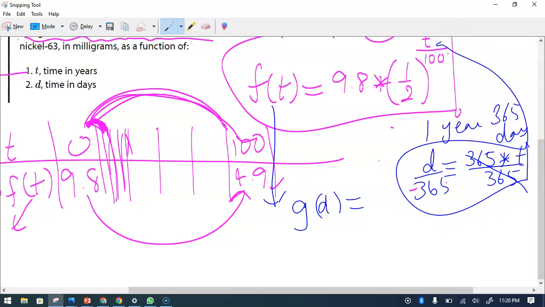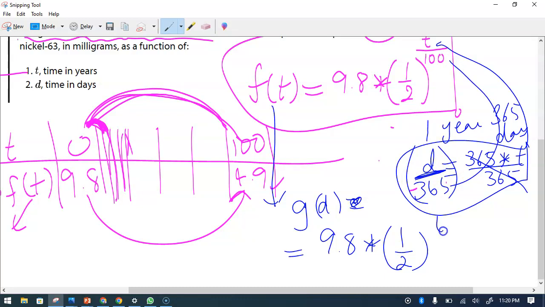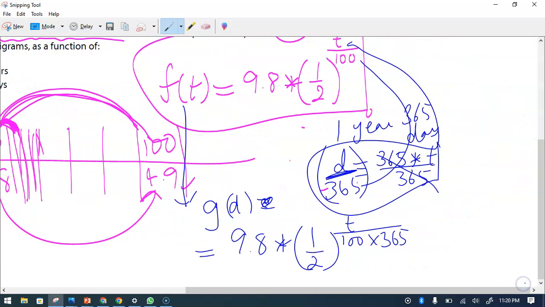So therefore, I'm going to write it right here. 9.8 times half raised to, and I'm going to replace this by t. So the denominator 365 gets multiplied to this 100, so that will reduce to 100 times 365. So your final answer is 9.8 times half raised to the d.